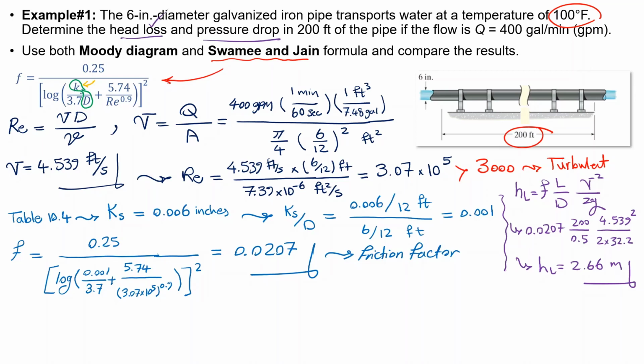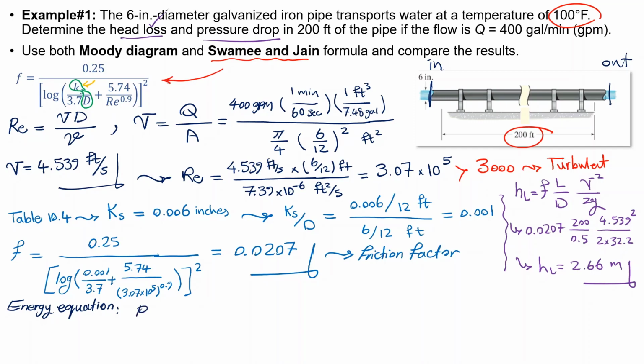The equation that can give us pressure drop, or delta P, is the energy equation. So what I'm going to do is write the energy equation for section 1, or inlet, and section 2, outlet. I'm going to write down the full form of the energy equation.